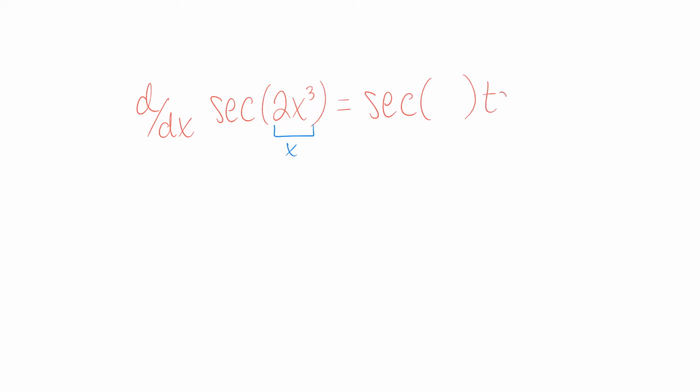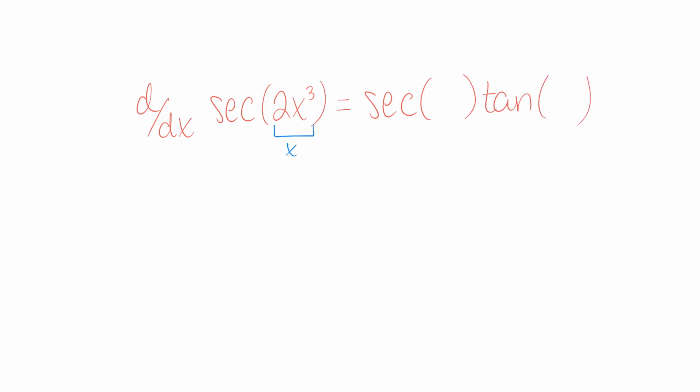We're doing okay. Okay, let's do secant. What if we have the derivative of secant of 2x to the third? Again, 2x to the third is the x we're dealing with, and the derivative of secant x is secant x tan x. So secant something, tan something.